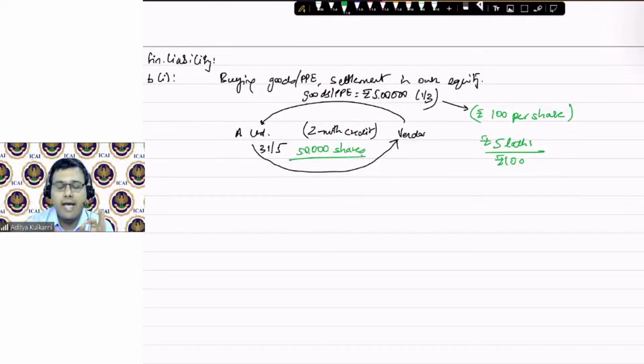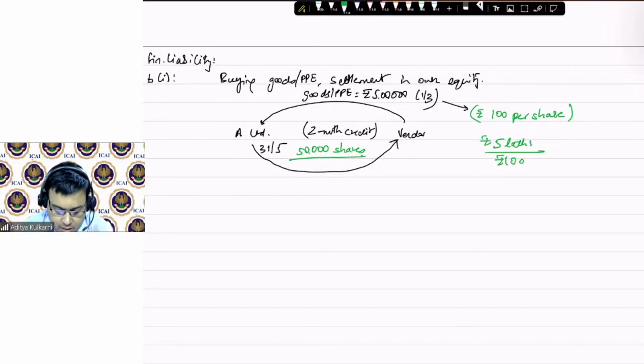Yes. A Limited purchased goods or machinery worth 5 lakhs on 1st March. The payment is going to be made after 2 months in the form of equity shares. How many shares to be issued? You will say that on 1st March the price is 100, so you will be issuing shares after 2 months at rupees 100 per share market price.